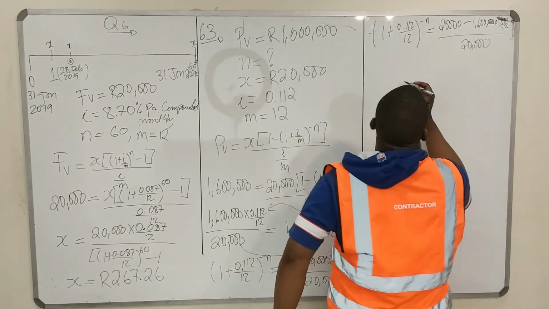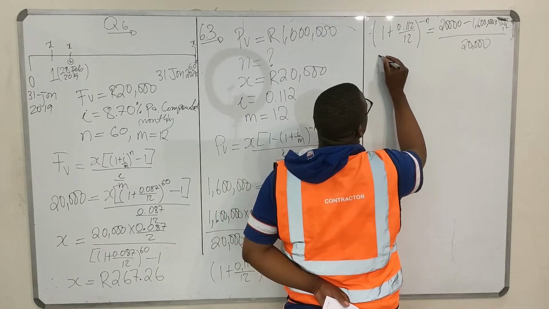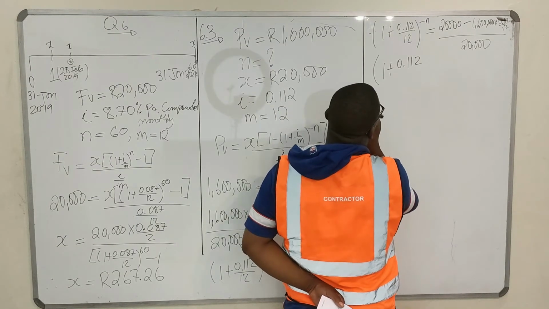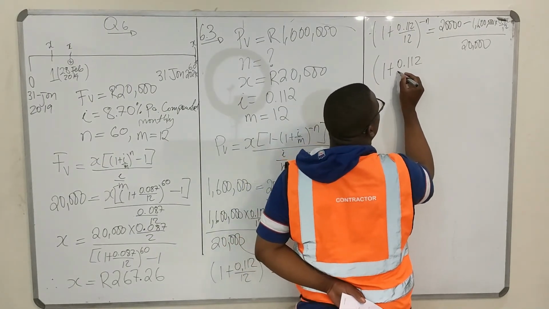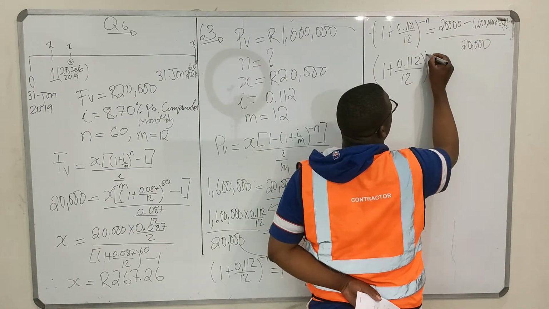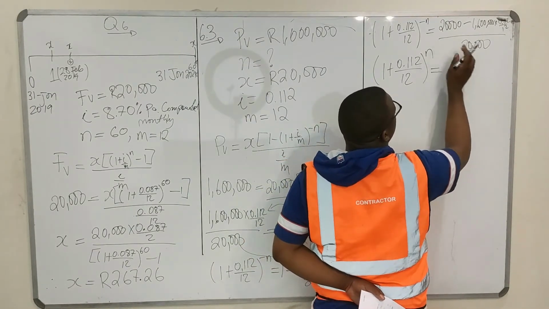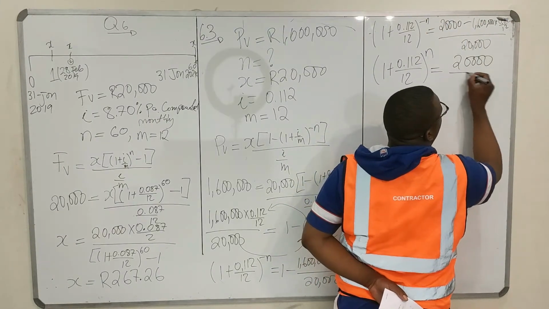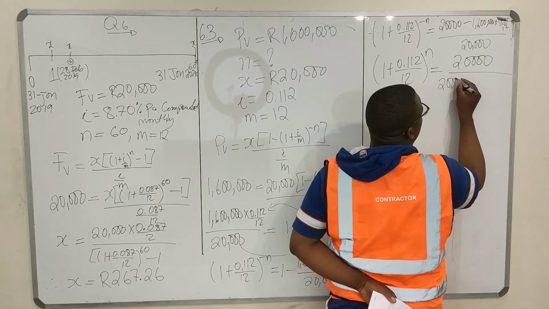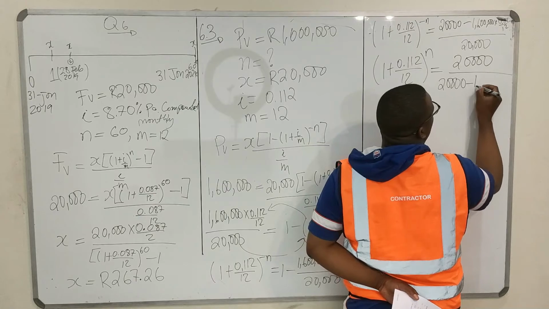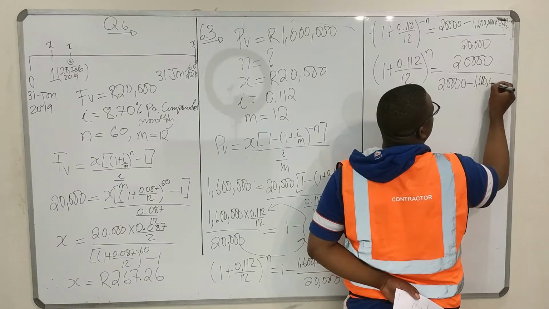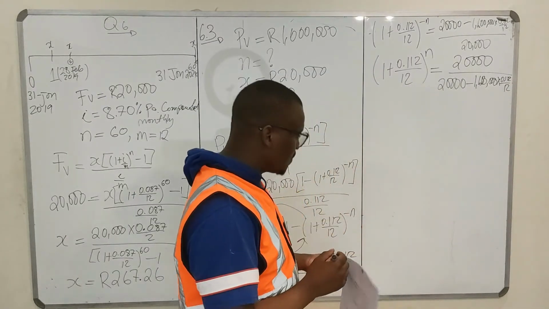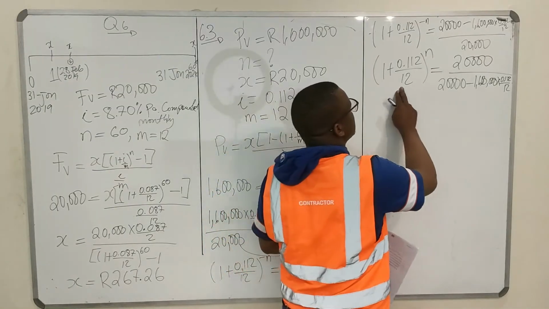From here, what do we do? You can say 1 plus 0.112 over 12, then make the exponent positive and swap these to compensate for that. So you have 20,000 all divided by 20,000 minus 1.6 million times 0.112 over 12. We can punch this and punch that.